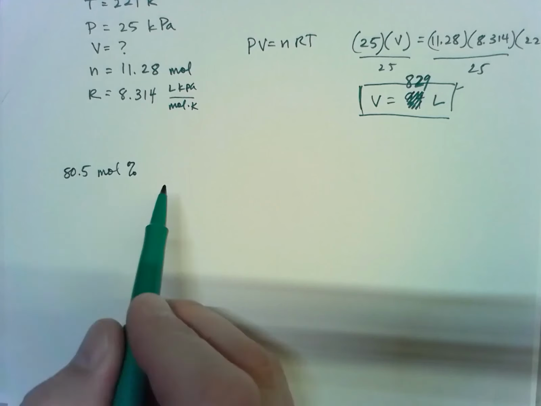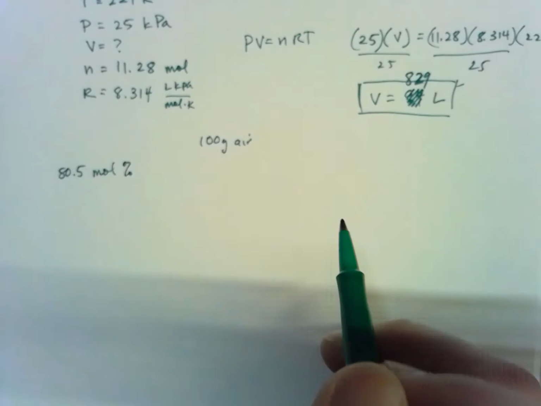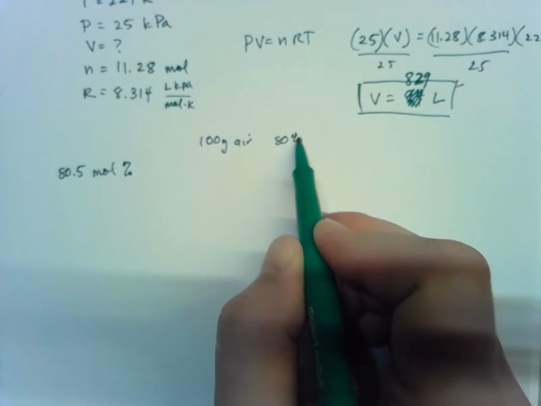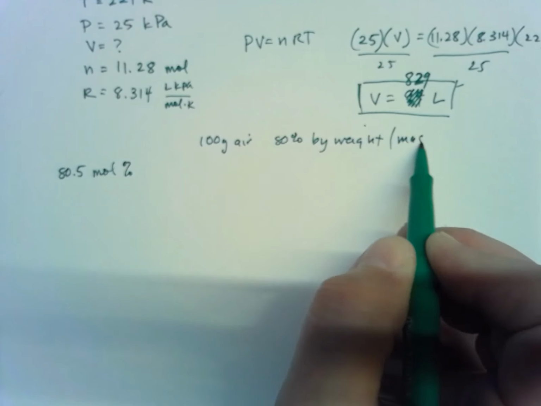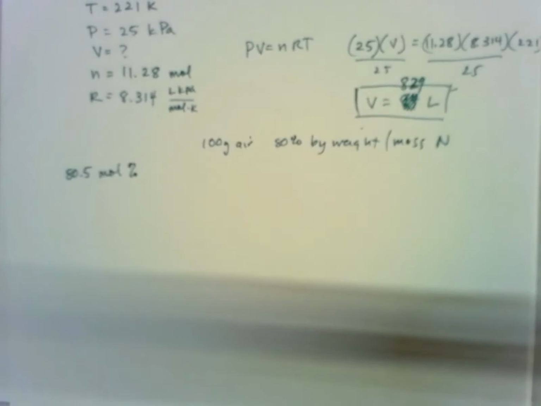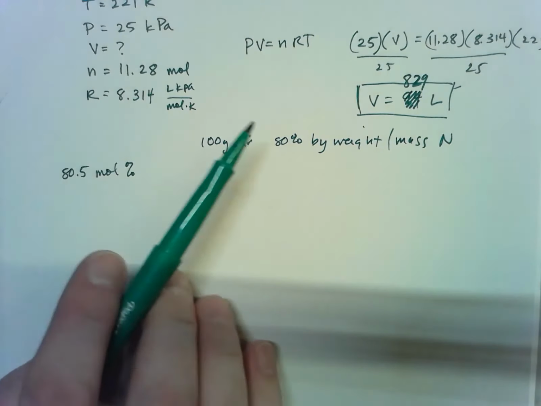So if we weighed it out, let's say we had 100 grams of air, and we knew that it was 80% by weight or mass nitrogen, that doesn't do us any good at all. Okay? Because just like when we're doing stoichiometry, it only matters about the moles.